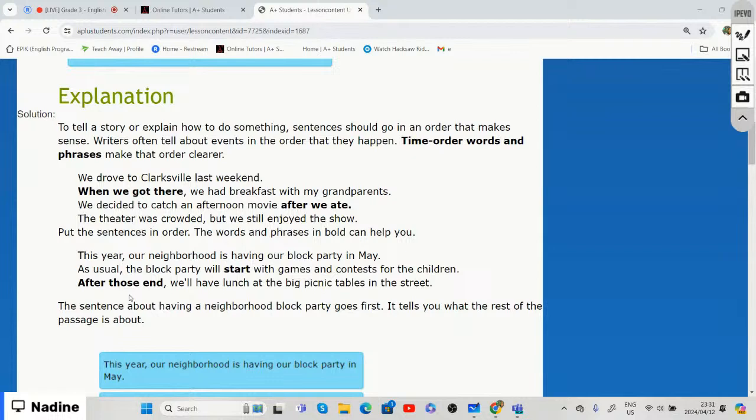All right. So to tell a story or to explain how to do something, sentences should go in an order that makes sense. It needs to make sense, it needs to flow. Writers often tell about events in the order that they happen, and time order words and phrases make that order clearer.